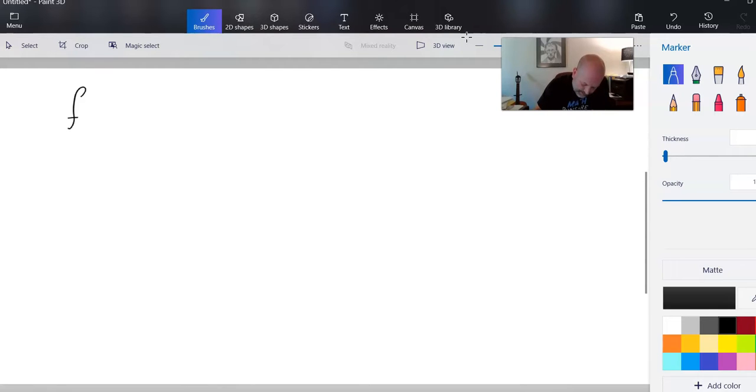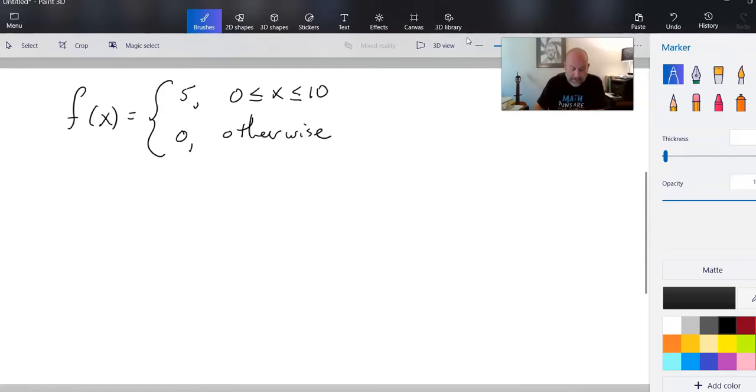Let's say this is our function, and we're going to give you a piecewise function here. This function is equal to 5 when x is between 0 and 10, and it's equal to 0 otherwise.